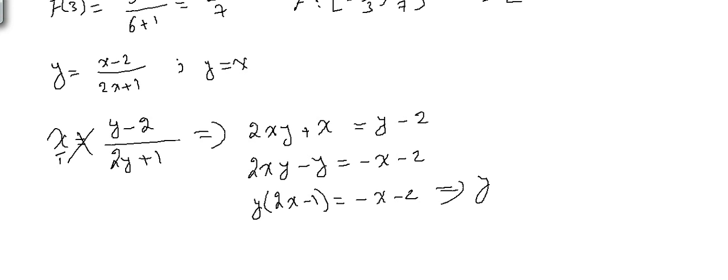Then y will be equal to minus x minus 2 divided by what is multiplied with y, so minus x minus 2 over 2x minus 1. You can leave it that way, or multiply by minus. That's fine. We call this expression f inverse of x, and that's it.